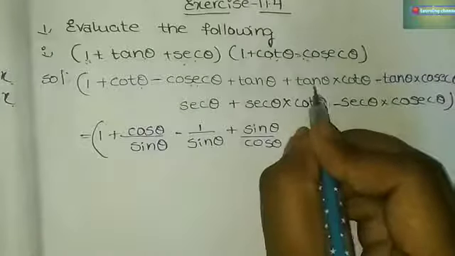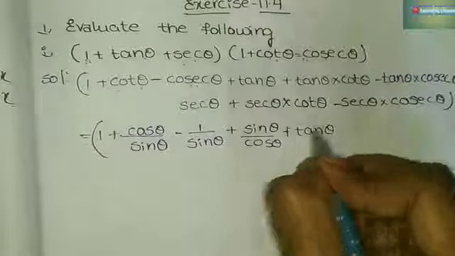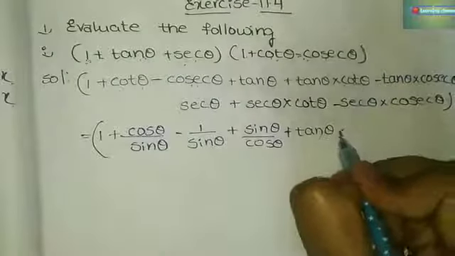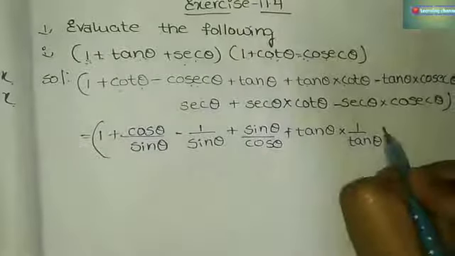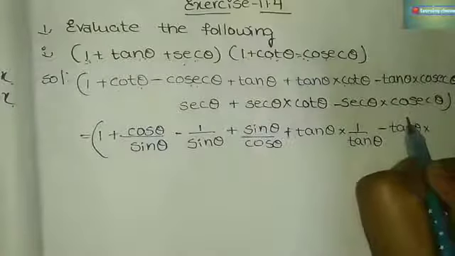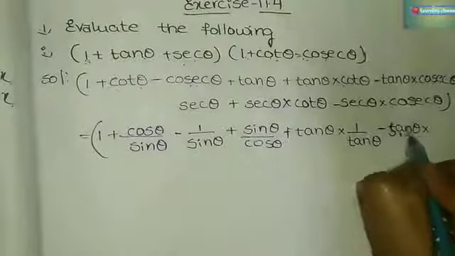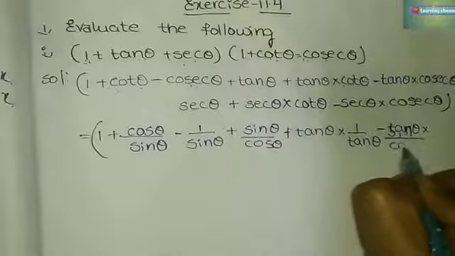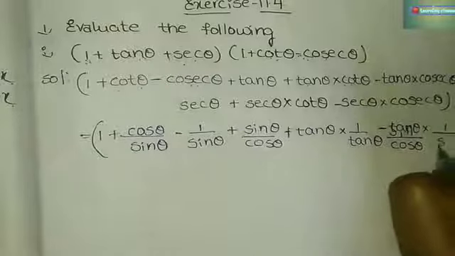Here we have tan theta into cot theta, and cot theta is nothing but the inverse of tan theta, minus tan theta into cosecant theta, where tan theta is sin theta by cos theta and cosecant theta is 1 by sin theta.